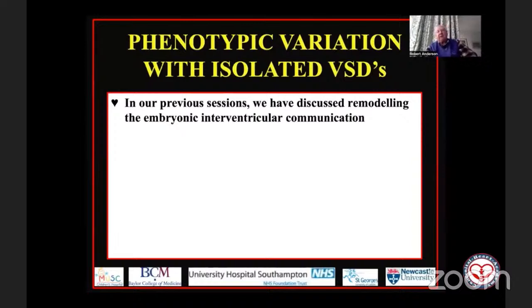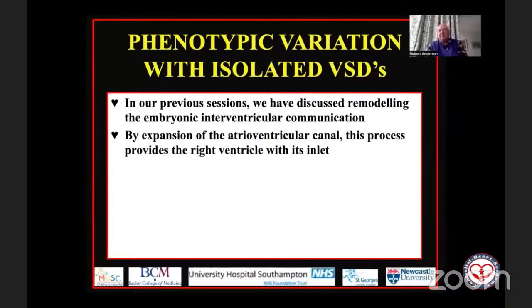So I hope you're now all aware that the emphasis of our discussions has been remodeling of the embryonic interventricular communication. When we first see the interventricular communication, we think of it as a primary defect. And as you will remember, it then provides the outlet between the developing left ventricle and the developing right ventricle.